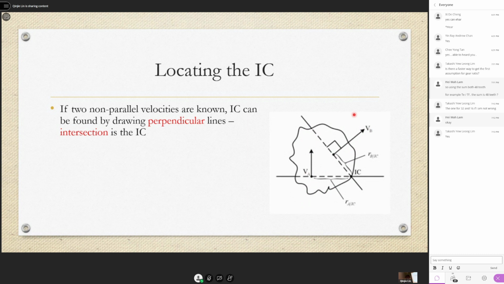If you draw perpendicular lines, one perpendicular to this motion, the other perpendicular to A's motion, and then this both imaginary lines that you draw, the intersection will be the IC. Okay, so for this object, you see it's trying to rotate about this point. That's why B is moving here, A is moving up. So this is a characteristic of IC also.